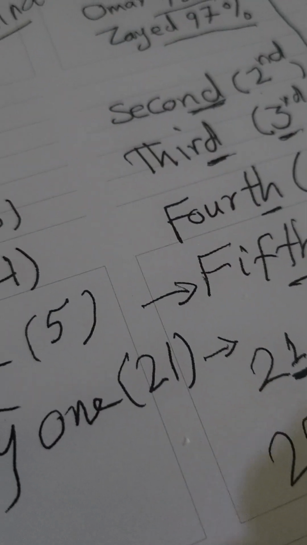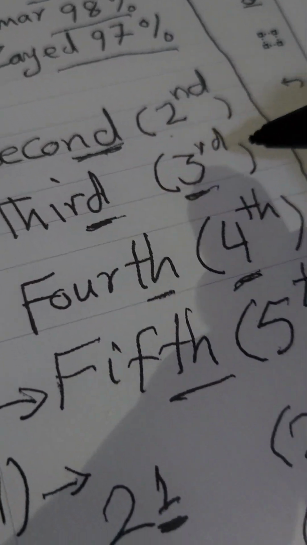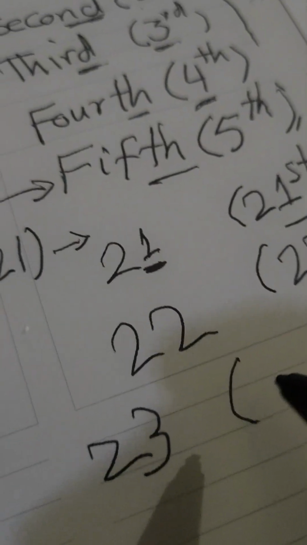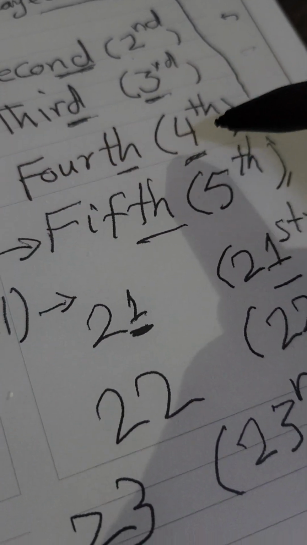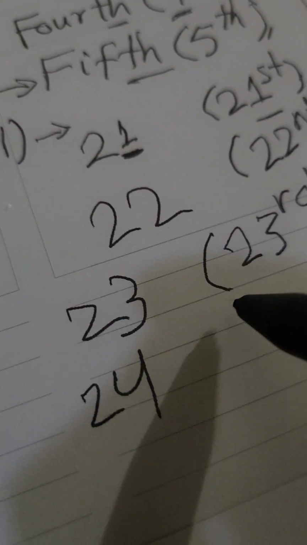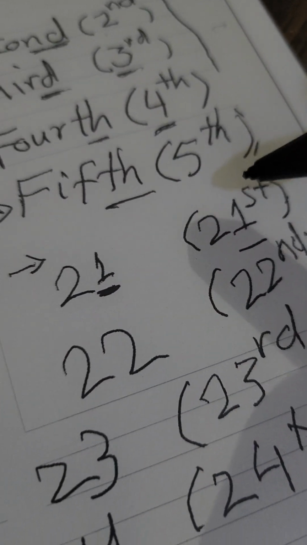If I have 23, I will go to third, RD. So 23rd means RD. If I have 24, I will go to 4, which means fourth. So 24th, TH. So 24th, 23rd, 22nd, 21st.